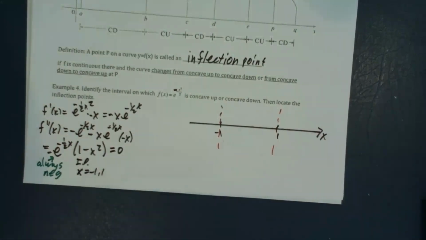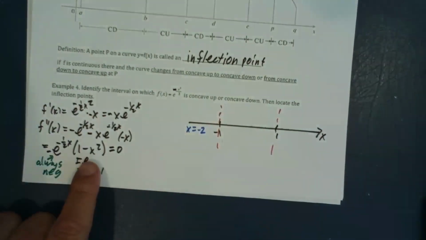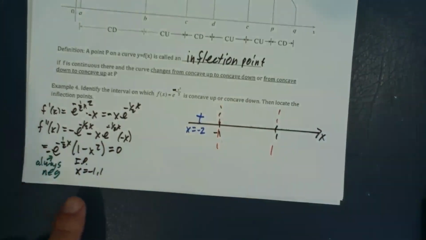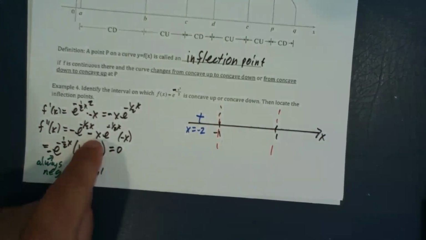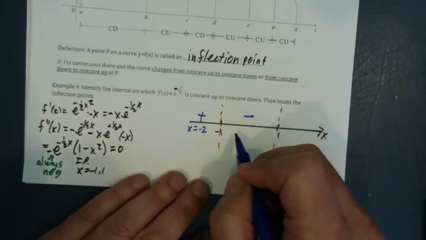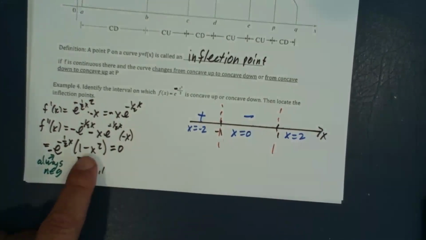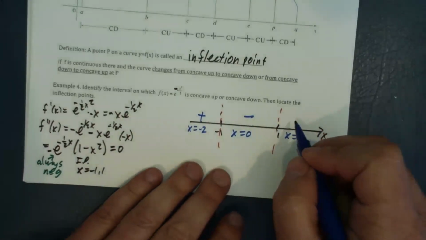So let's do x equals -2. -2 squared is 4. 1 minus 4 is negative. That's going to be a negative times a negative, which is going to give me a positive here. At 0, that's going to be a +1 times a -1. So that's going to be a negative here. And at x equals 2, notice the same thing's going to happen here. 2 squared, so 4. 1 minus 4 is negative times a negative is going to be positive.